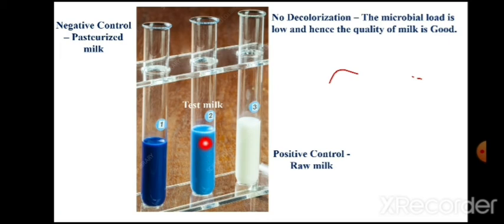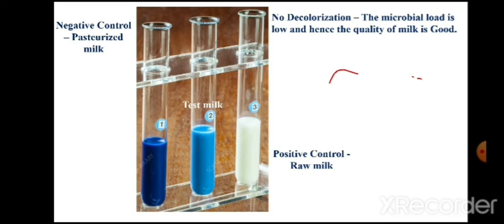If it remains colored, again we need to record the readings for the next half an hour. So we need to record the color till 5 hours if it remains colored. Even after 5 hours, if the color doesn't change, it indicates that the microbial load is very negligible and therefore the quality of milk is excellent.